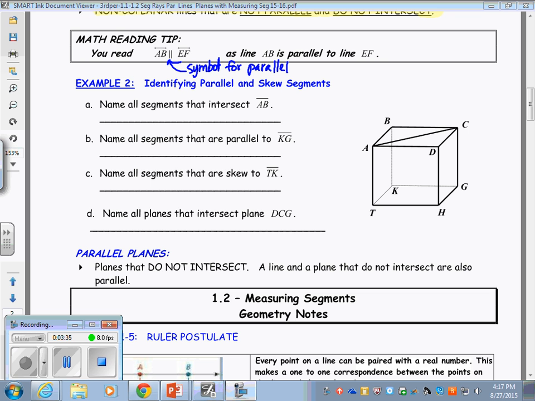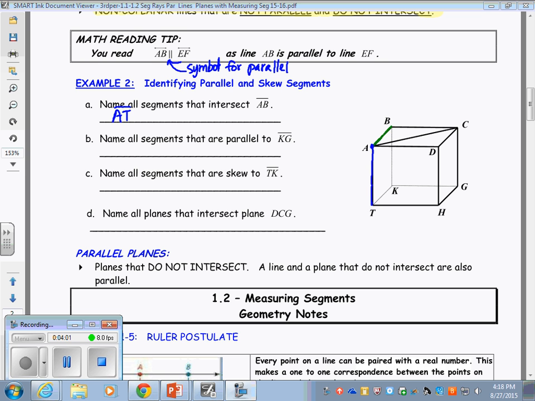All right, so if I want a line that intersects segment AB, that's this edge right here, we want lines that would intersect that segment. Well, if I wanted to start right here in the front, AT, this segment would end up intersecting AB at A. So I could have segment AT.